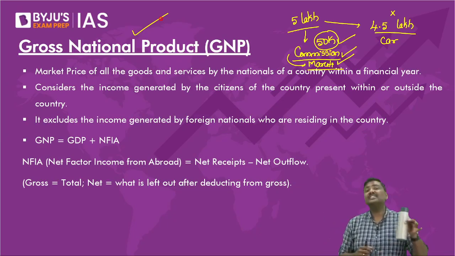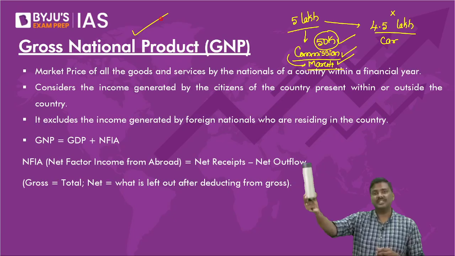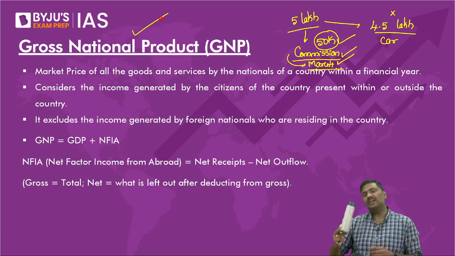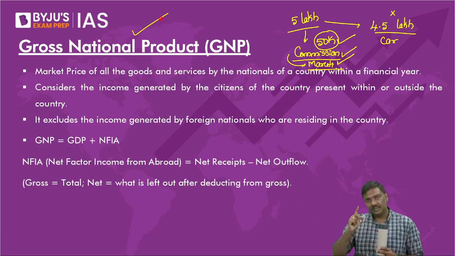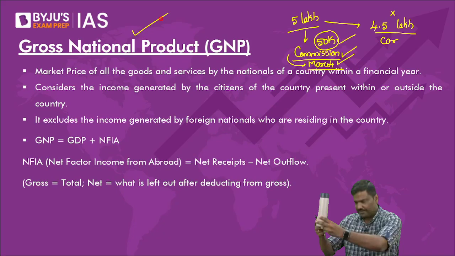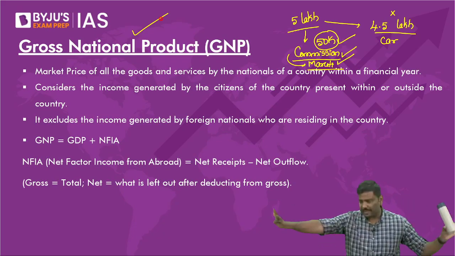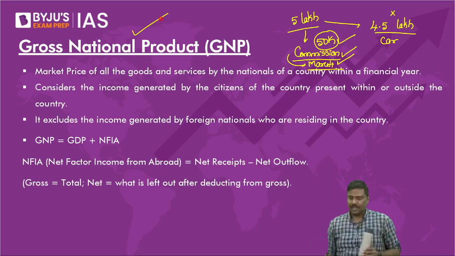Now, let's take a very simple example. If this bottle is produced in USA, will it be counted as part of India's GDP? It should not be.